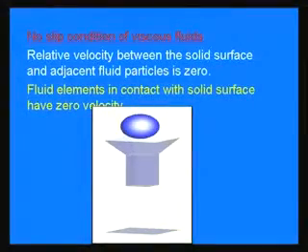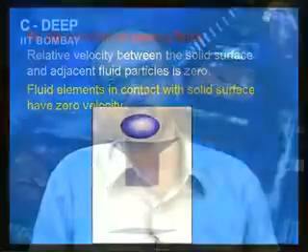You can see that when fluid is flowing in a pipe like this or in an open channel flow, the solid is not moving, that means the container in which the fluid is, say this pipe or the channel where the fluid is contained. The solid is not moving, but only the fluid is moving.